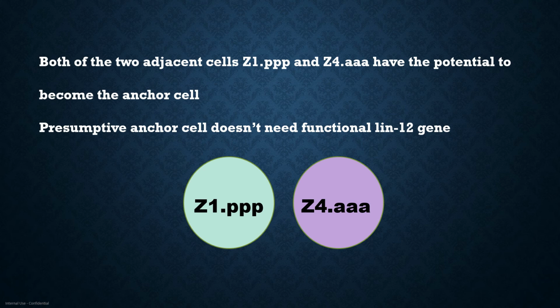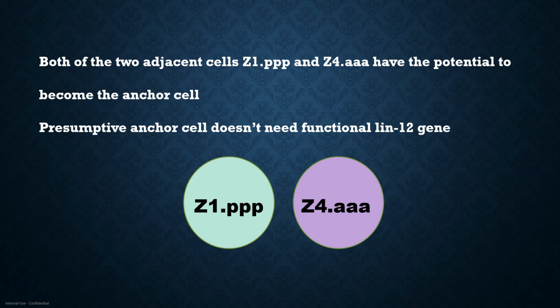The Lin12 gene only functions in the cell that becomes the precursor of the uterine tissue. The presumptive anchor cell doesn't need it. So the precursor for the anchor cell will not need a functional Lin12 gene.